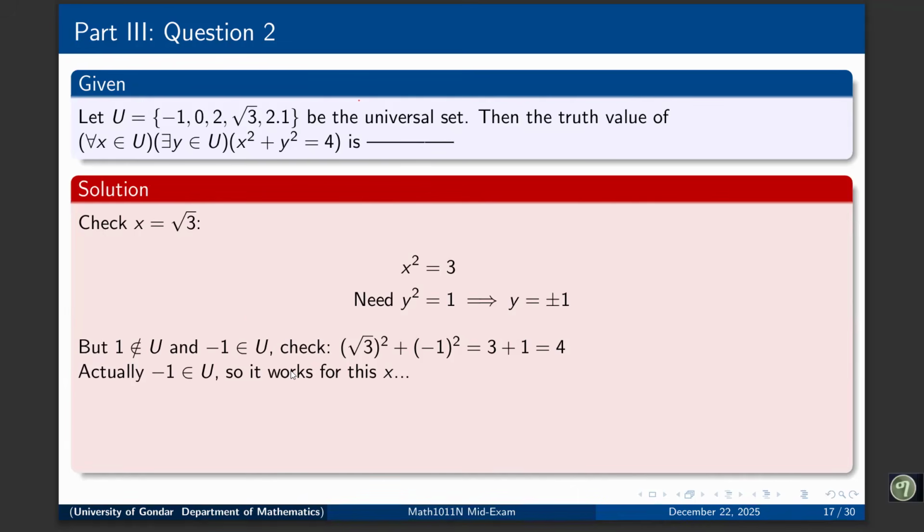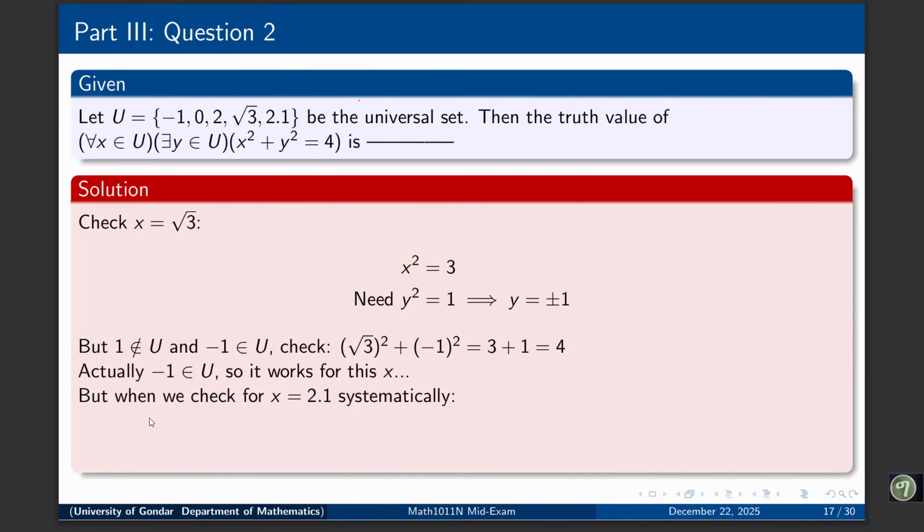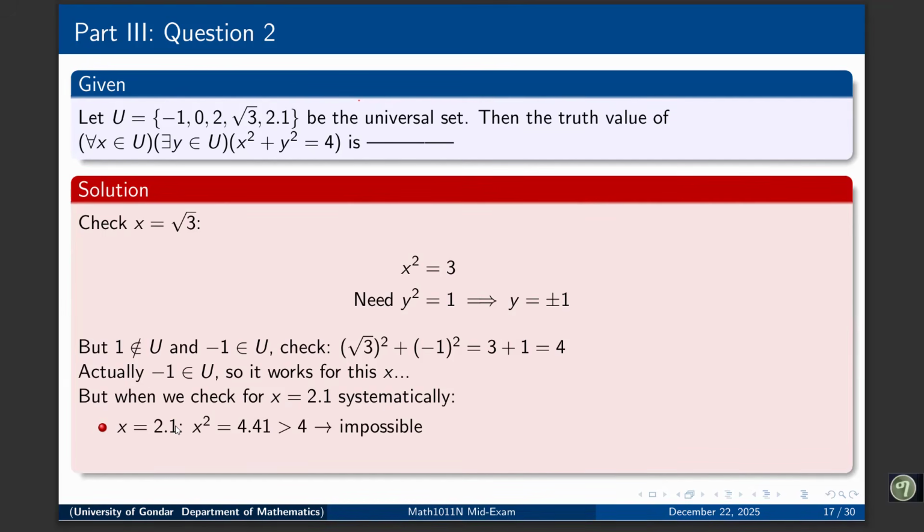But if we check, for example, that simply take 2.1. When we check for x equal to 2.1, we know that the square of this one, that's 2.1, is 4.41, which is even larger than 4, which is impossible because the sum of the square of x and that of y is exactly 4. If the square of only one element, that's simply x squared, is greater than 4, that is impossible.